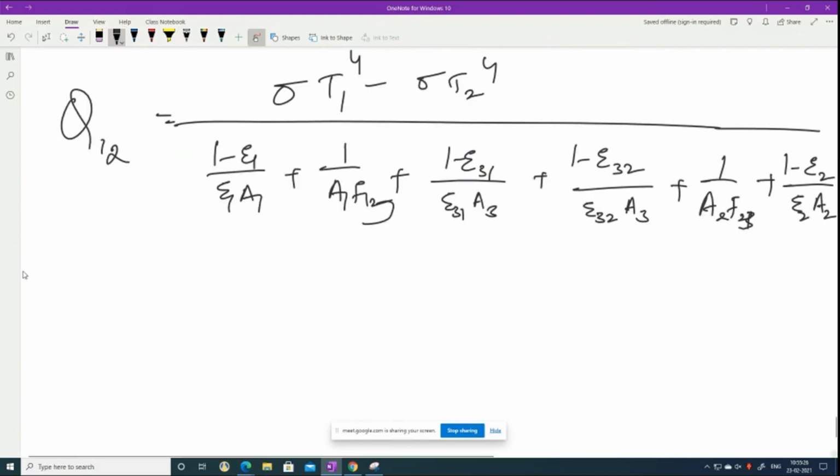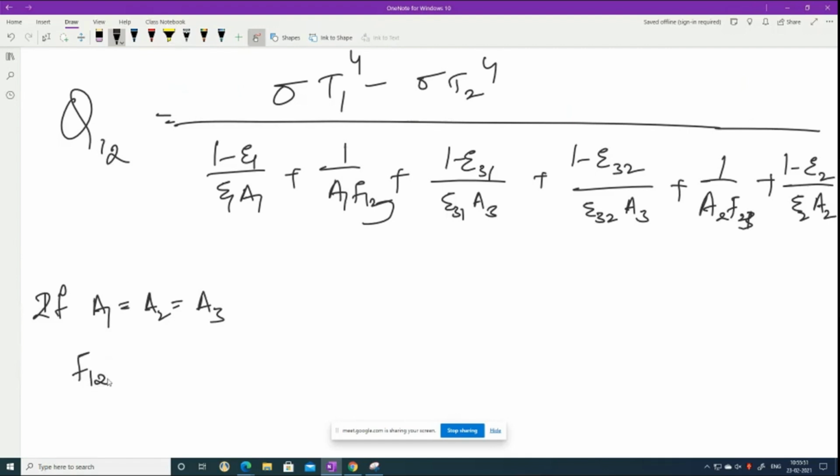So see, these are plates. For plates, A1 is equal to A2 is equal to A3. If you are having something like a cylinder or a sphere, then A1, A2, A3 will not be equal. You have to substitute A1, A2, A3 appropriately and get it. But in this particular question, since these are plates, you can have A1 equal to A2 equal to A3.